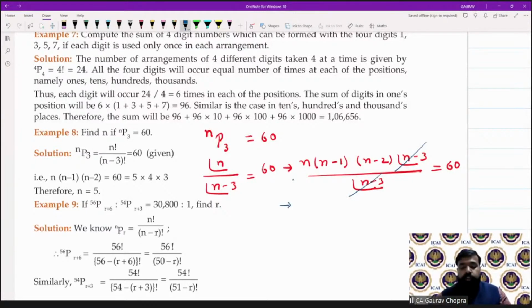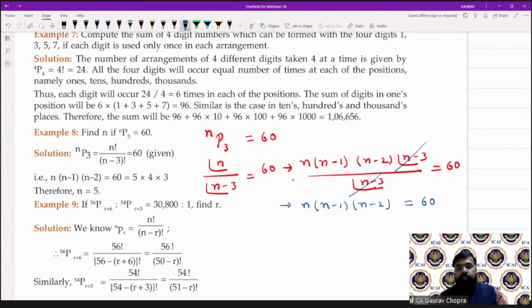Now, what is left? We are left with n, n minus 1, n minus 2 is equal to 60. Now it is better to put the options and get the result. Otherwise, if you multiply them, you will get a cubic equation, and it will take time to solve the cubic equation. So it is better to put the options here in place of n.